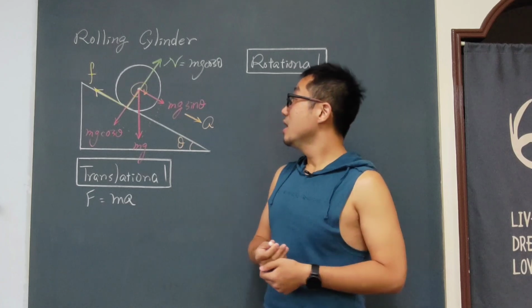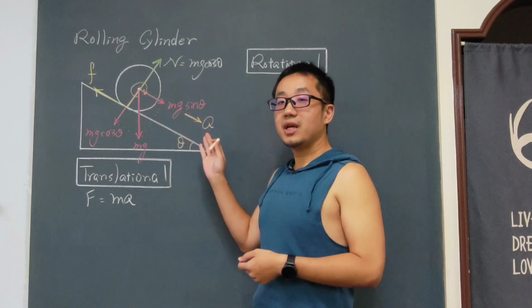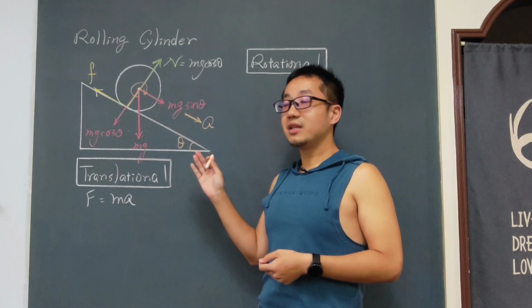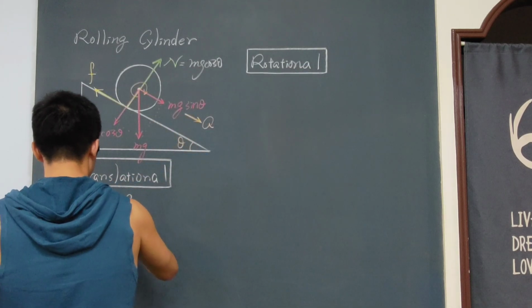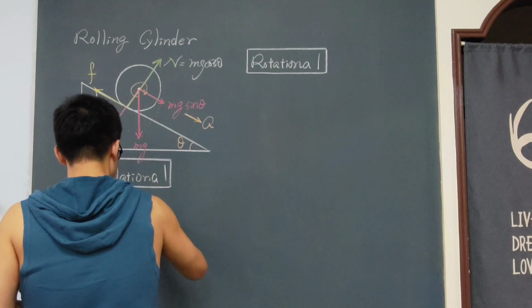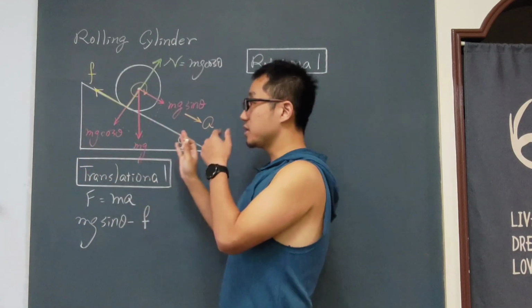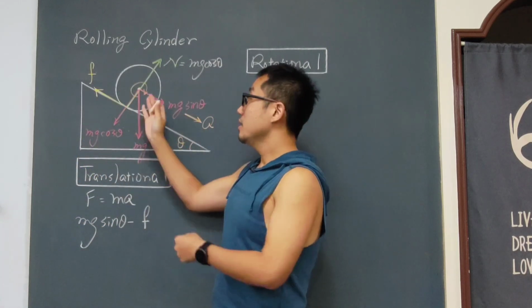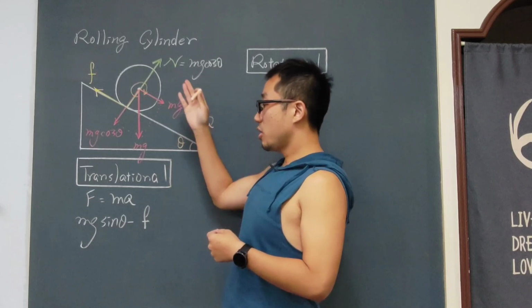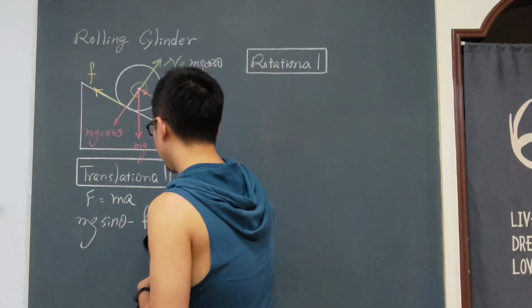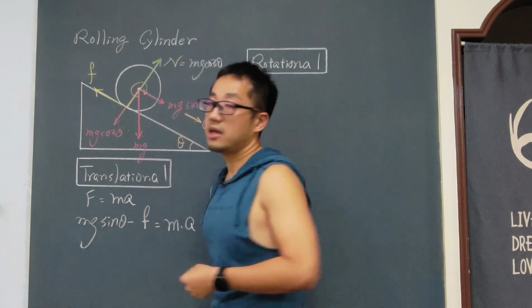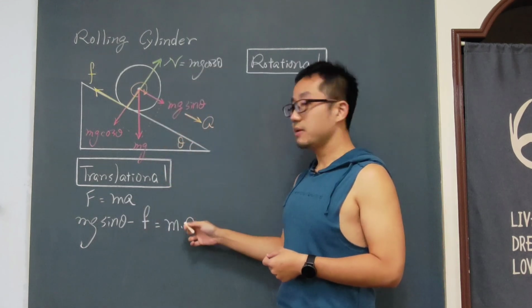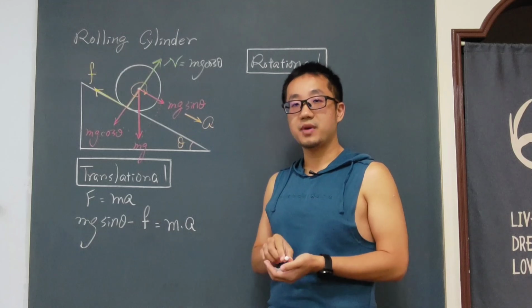The net force along this inclined plane is mg sine of theta minus the opposite, because the static friction is opposing its acceleration. The static friction is pointing upwards. So mg sine of theta minus the friction force is equal to the mass times its acceleration, the acceleration of the center of mass.